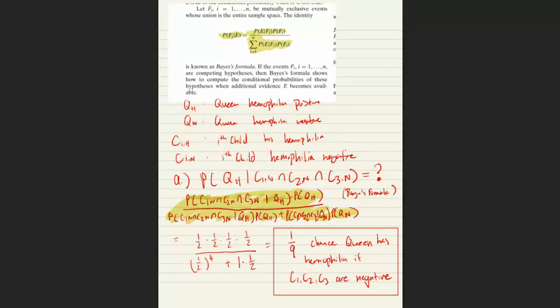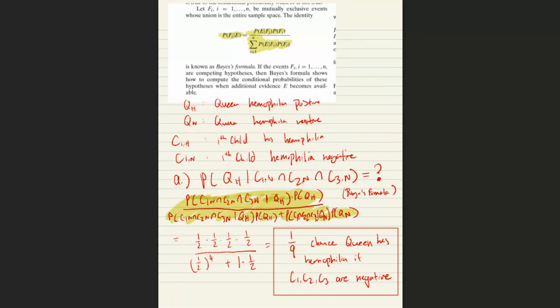That's how we get the summation. Once you plug in the values, there's a 50% chance that the child has hemophilia if the queen has hemophilia, and we multiply that 3 times for each independent event of a child. That's how you get 1/2 multiplied by 1/2 3 times.